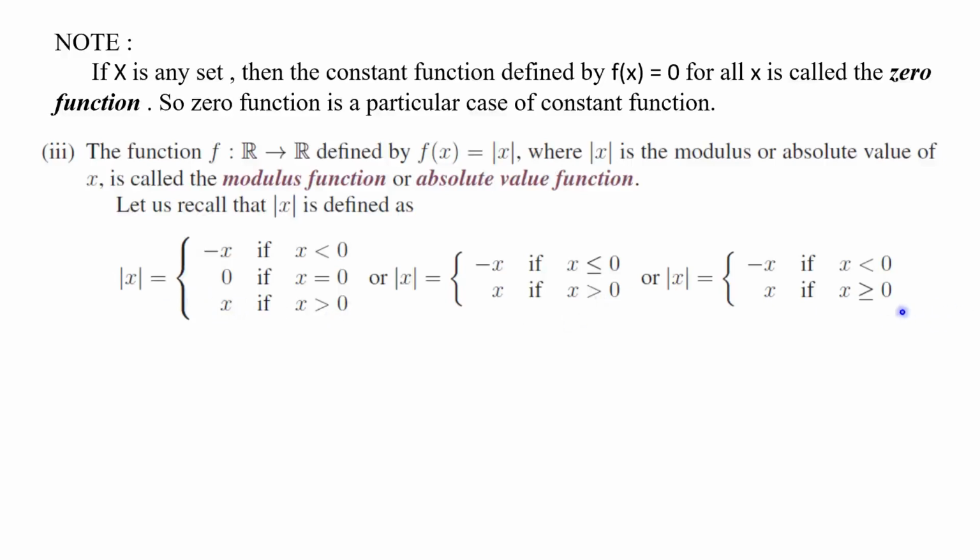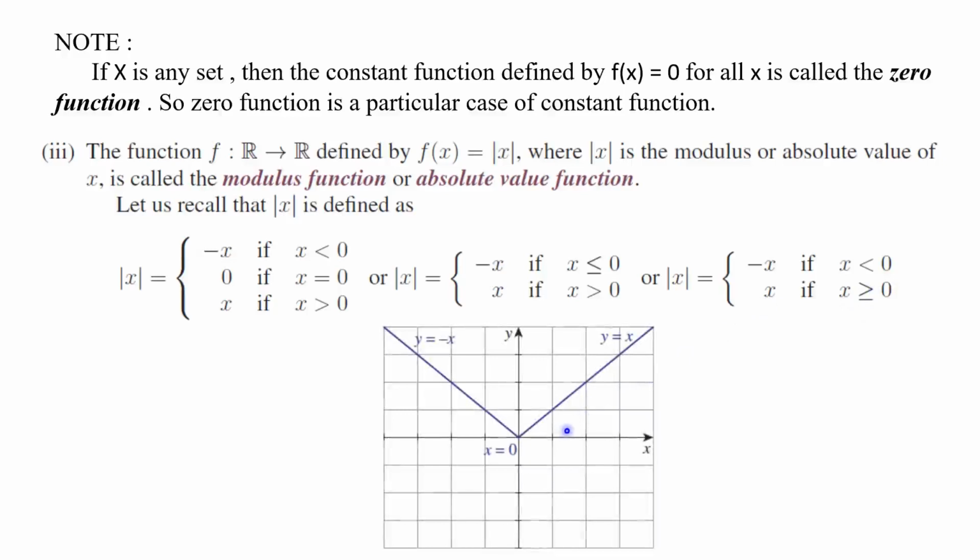If x is equal to 0, at that time modulus of x is 0. So sometimes we may define it for x less than or equal to 0 also, including 0 with minus x. Then in some cases we can define x greater than or equal to 0 as the positive value, that is x.